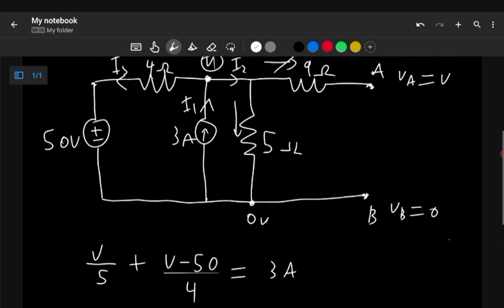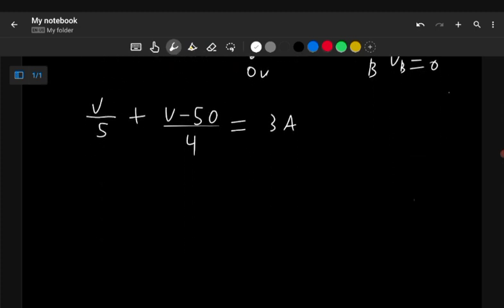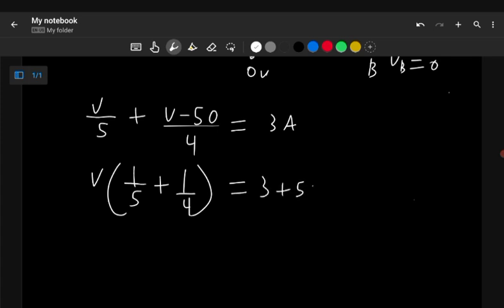Why? Because 3 amperes is leaving, and I3 and I2 are leaving. So if we simplify this equation, we can take V common. V into (1/5 plus 1/4) is equal to 3 plus 50/4.